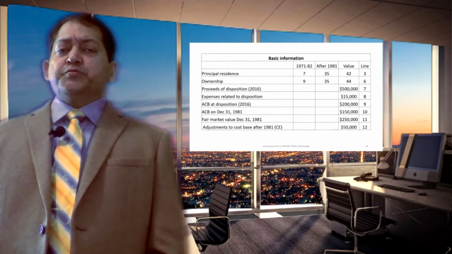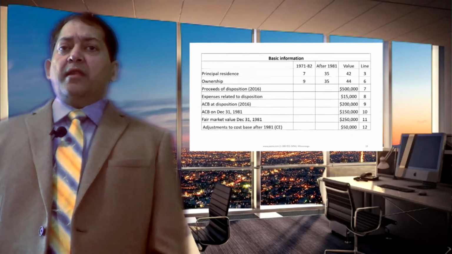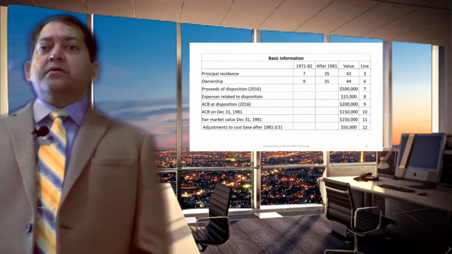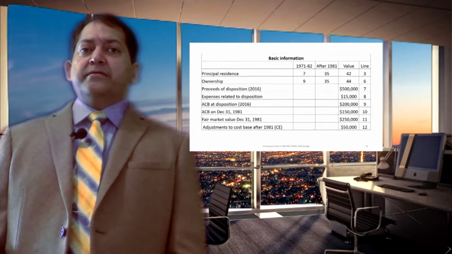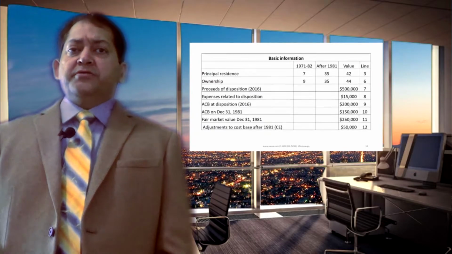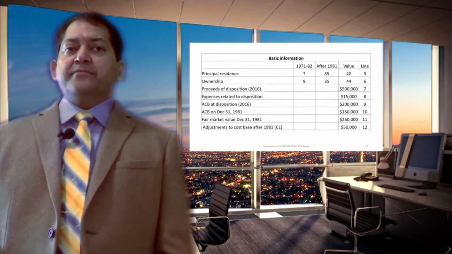Now, proceeds of disposition in year 2016 are assumed to be 500,000, that are mentioned in line 7. Expenses related to disposition are assumed to be $15,000, that are mentioned on line 8. And adjusted cost base on disposition in year 2016 is assumed to be 200,000, that is mentioned on line 9.